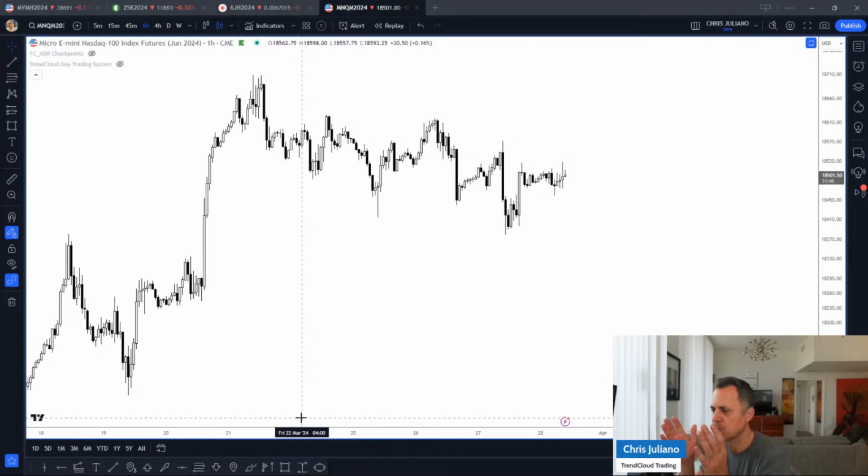That's the whole reason we're using this system. In order to be consistently profitable with any system, you've got to have those rules set. You've got to have those rules put in place, no matter what you do, right? No matter what your job is, you've got to have some rules put in place.